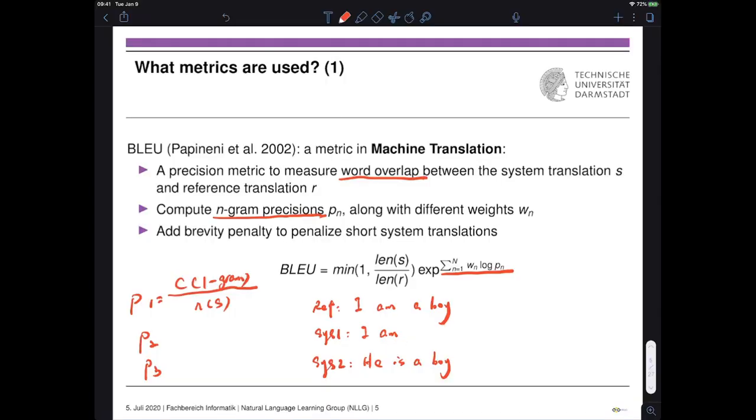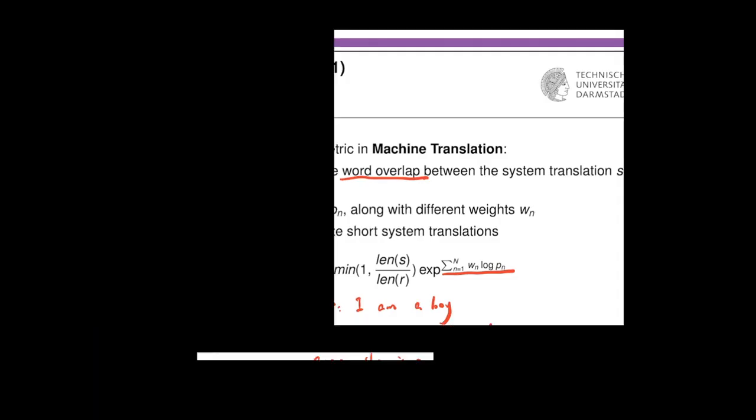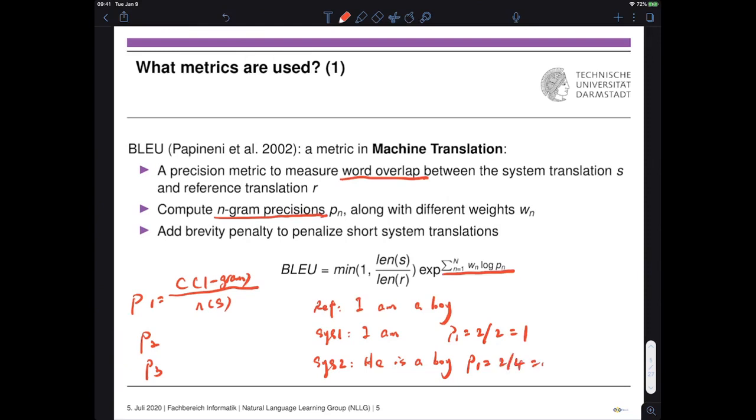So P1 would be 2 divided by 2 because there are only two words in the system translation, right? So we will get the full score. And if we look at the second translation, P1 would be 2 divided by 4, which becomes 0.5.